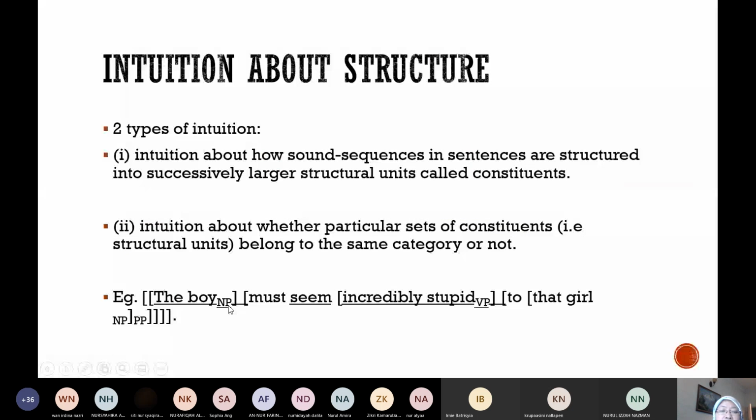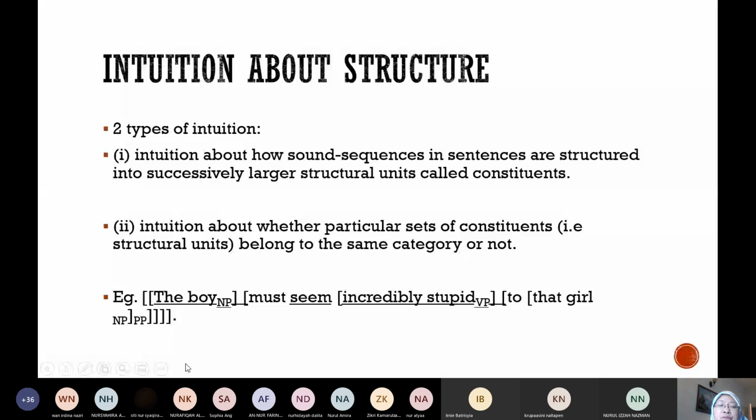And I indicated through my indexing that these are the constituents in the sentence. But when we started just now, I'm sure when you first see the sentence, you find it difficult to put which and which together.